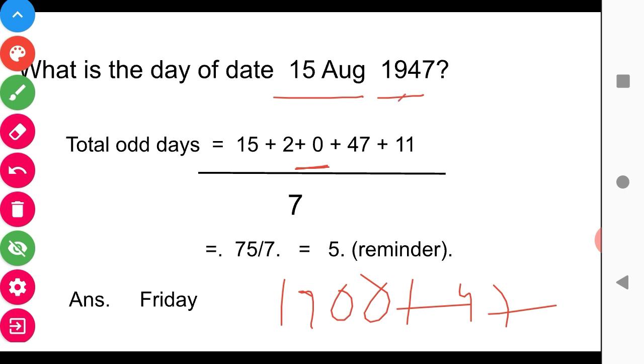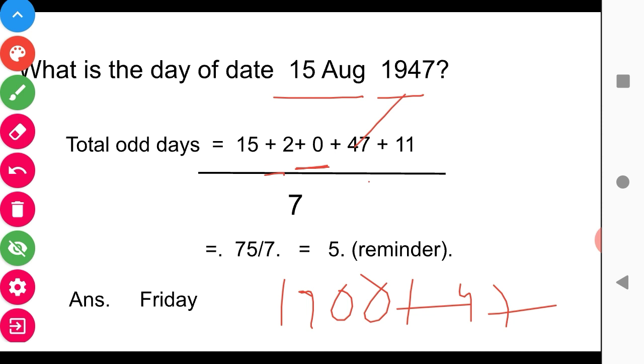In the 1946 years completed, 1947 August 15 is running. But we are adding the 47 year. So instead of 47, we have to write here 46. Since in the 47 year August 15 is running, and we have already calculated August 15 for this year, there is no need to add 47 odd days here.